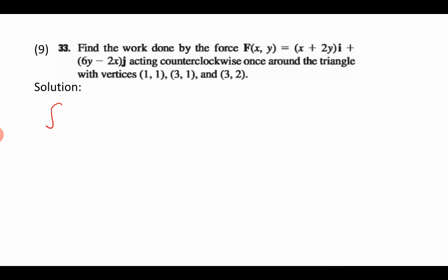The integration over C1, that is f dot dr1, is equal to integral 2 times 1 plus 2t plus 2 dt.